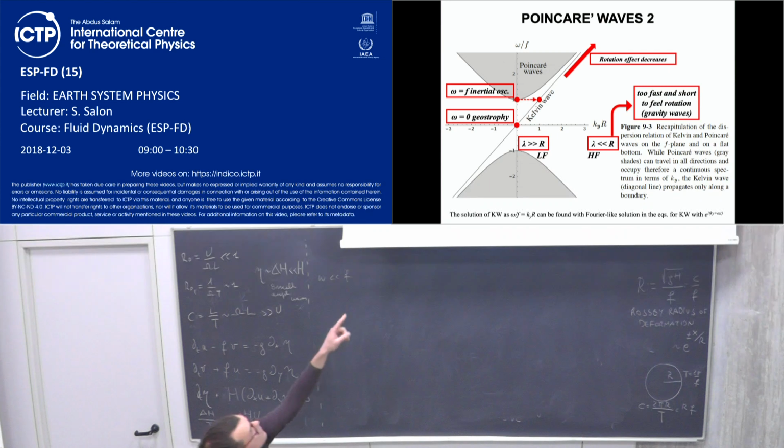Poincare and Kelvin waves are super-inertial waves because omega is much larger than f, so we have frequencies that are much higher than the inertial frequency.